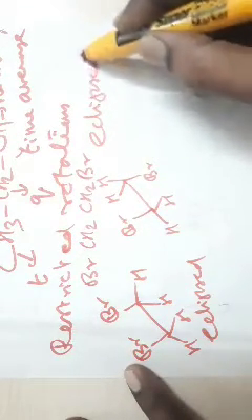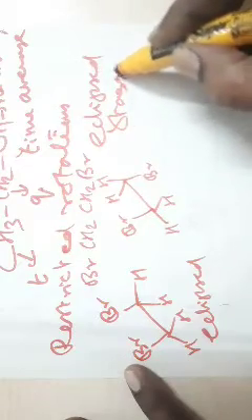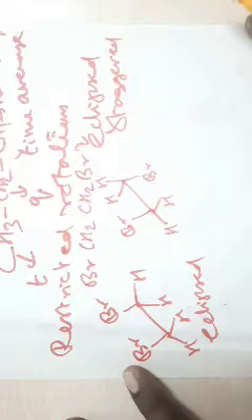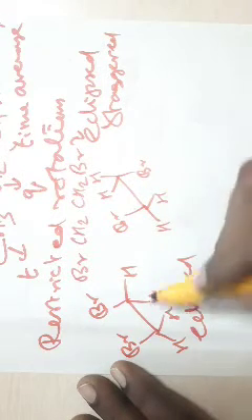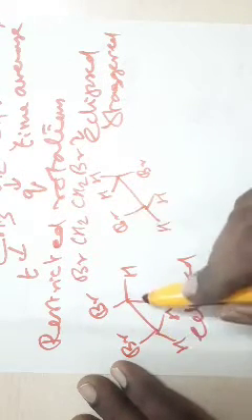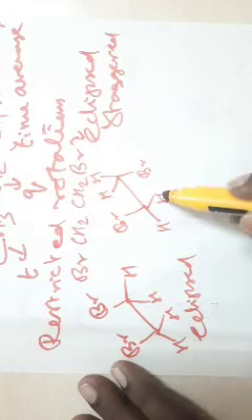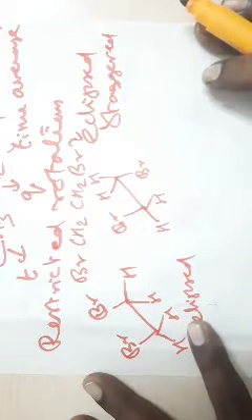Eclipsed and staggered conformations for the molecule of 1,2-dibromoethane. This is from our knowledge of stereochemistry, we can easily understand. So, the protons are in different situations. See, this proton is very close to the bromine. Here, this proton is far away from the bromine. So, the chemical shift values will be different.